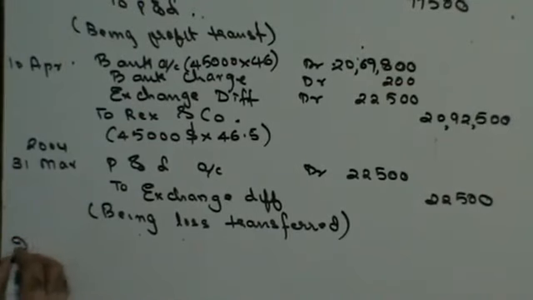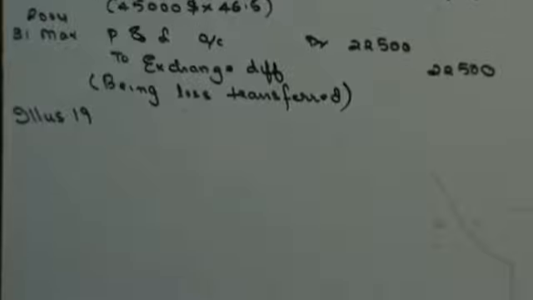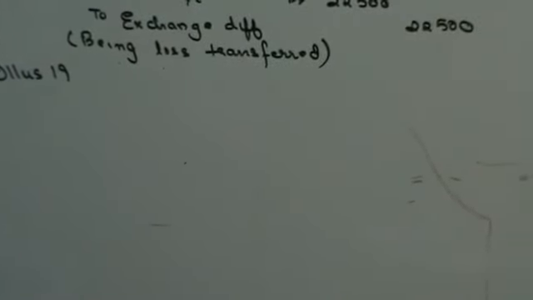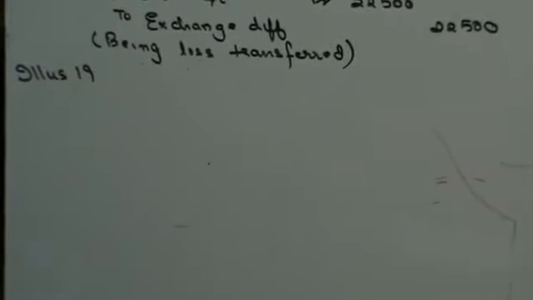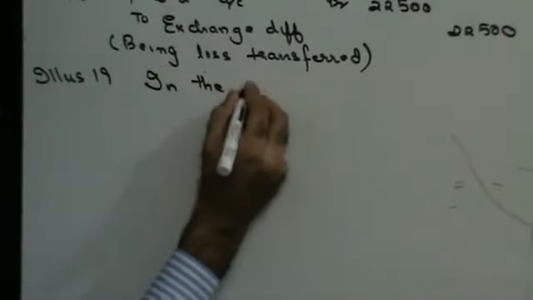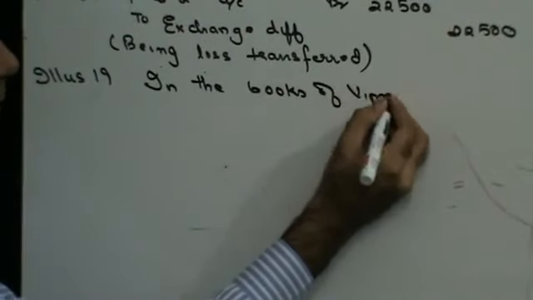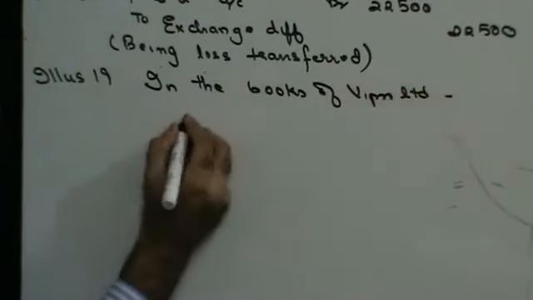Let's see illustration 19. Messrs. Wipro has entered into the following transactions in foreign currency during the year ending 31st March. In the books of Wipro Limited, journal.